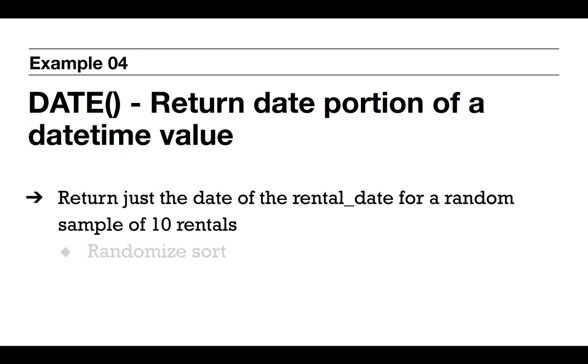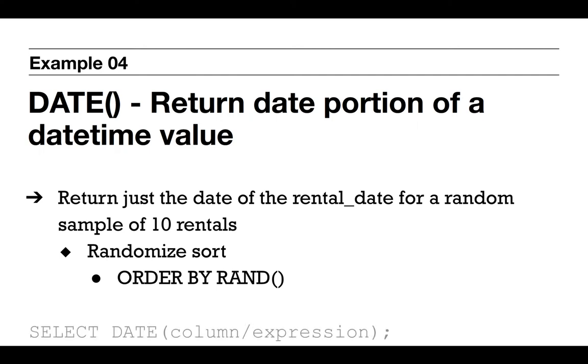We could do that by randomly sorting the table with an order by rand. So here is the syntax. It's select date and whatever column or expression you want to extract the date from. So go ahead and try that out, selecting just the date portion of the rental date for a random sample of 10 rentals.